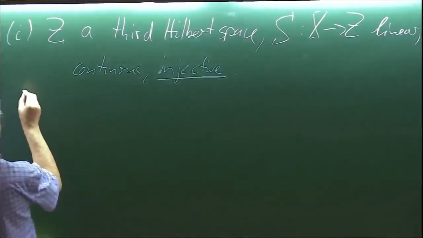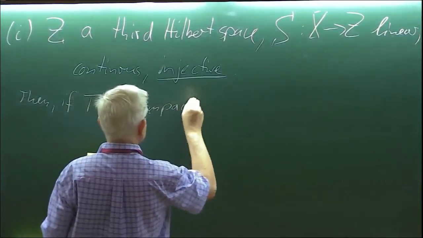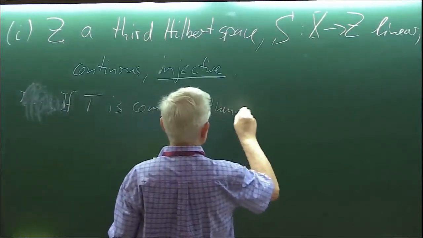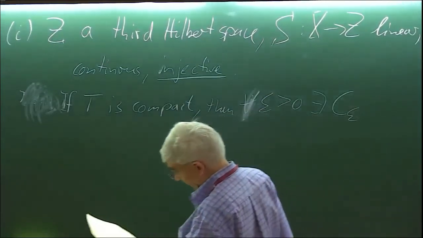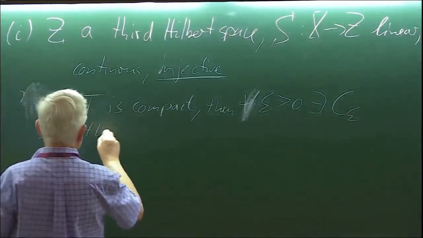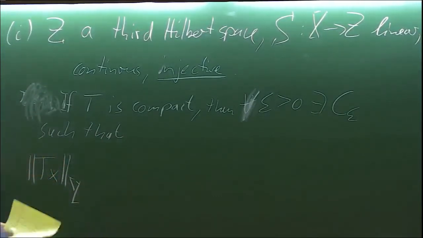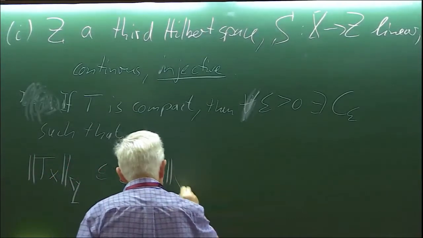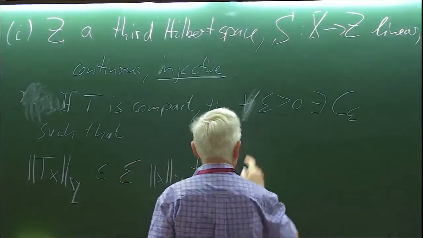If T is compact, then for all epsilon positive, there exists a constant C sub epsilon such that the norm of Tx in Y is less than or equal to epsilon times the norm of the vector x in X, plus C sub epsilon times the norm of Sx.